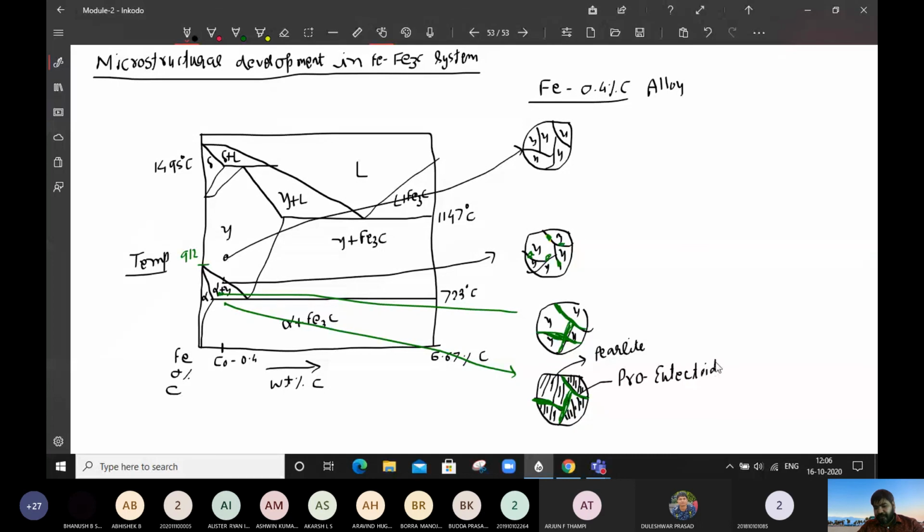So this is known as pro-eutectoid ferrite or pro-eutectoid alpha. So this is the way you can draw the microstructure when you take a given alloy and heat it to a single phase region and then cool it. Then you are supposed to tell how the microstructural development takes place when we cool the given alloy.